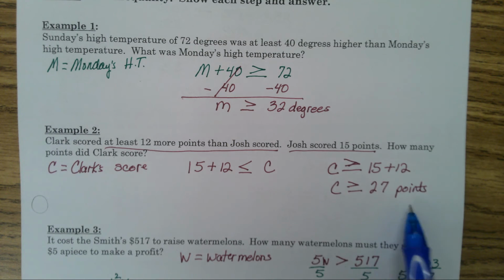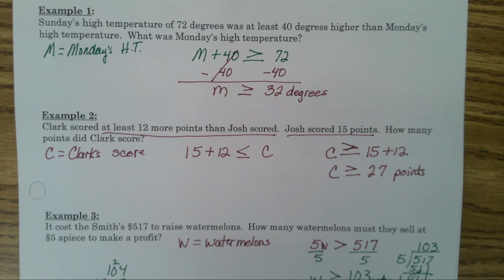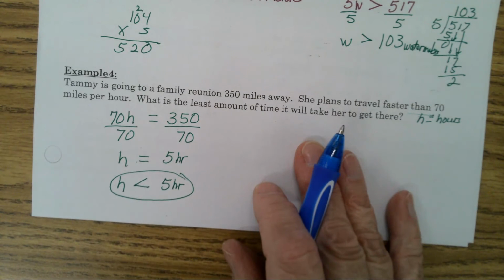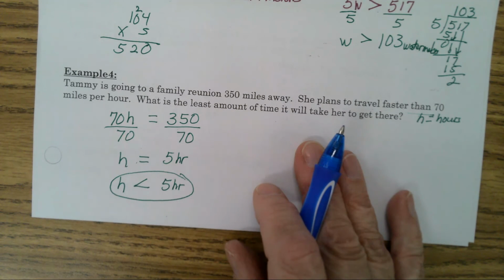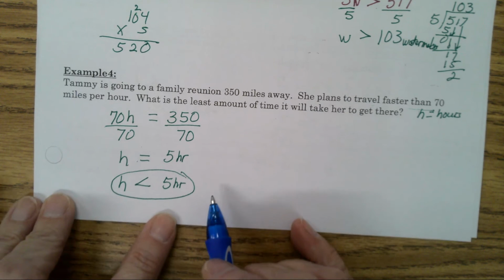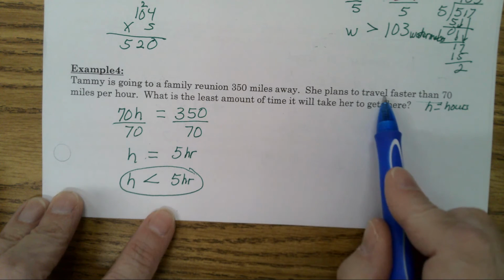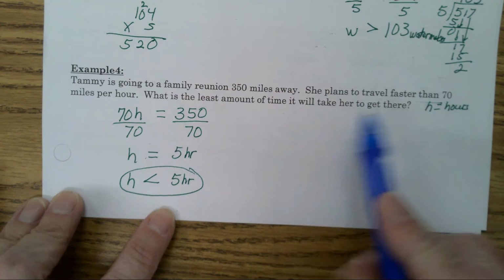In number 3, W is greater than 103 watermelons. Any questions on that? In number 4, in this one, it has to be less than 5 hours, not equal to, because it says she plans to travel faster than 70 miles per hour.